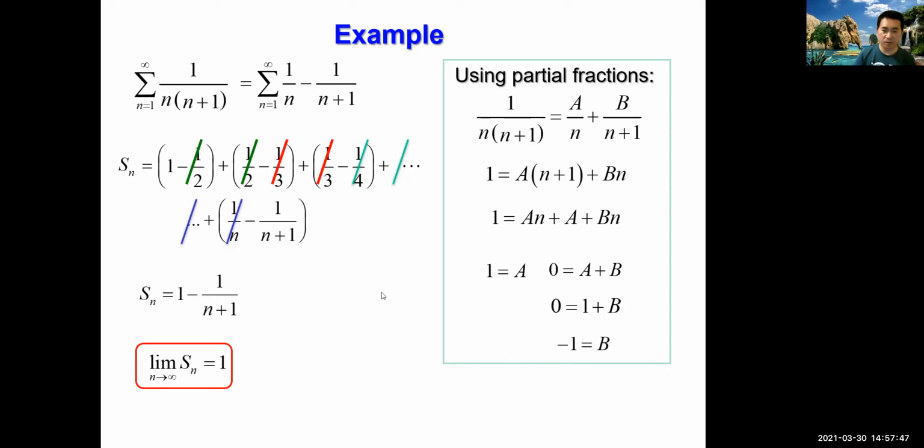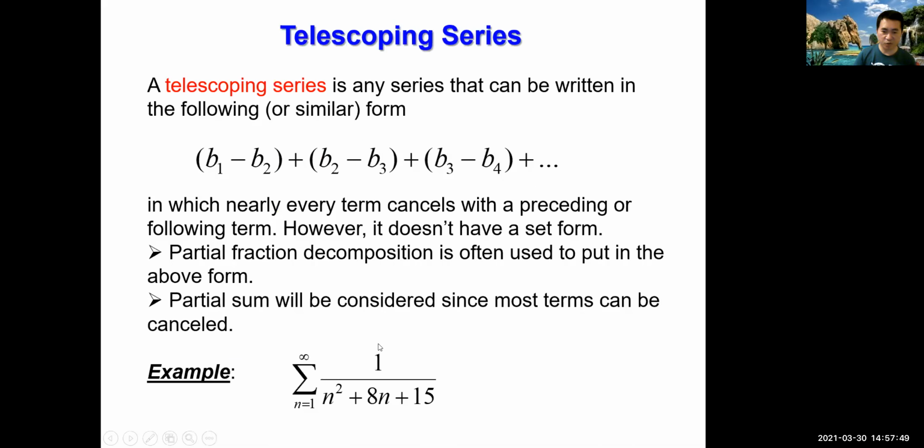This series is called a telescoping series. Here is the definition: a telescoping series is any series that can be written in the following or similar form, with b1 minus b2, b2 minus b3, and so on, in which many terms cancel with the preceding or following term.